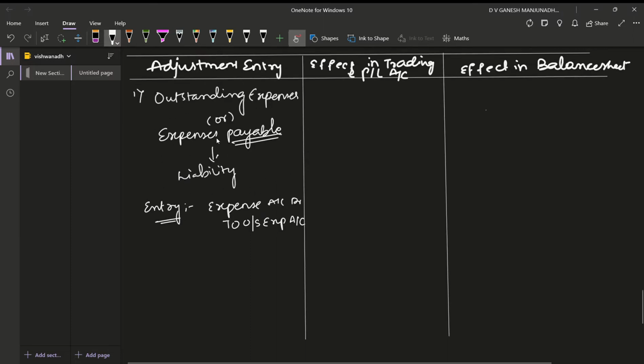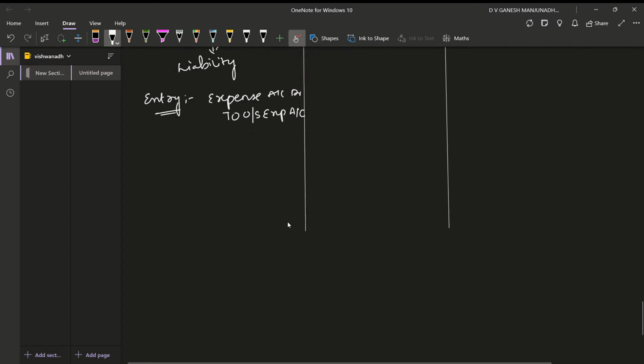That means these expenses are still payable, so we have to add them to the respective expense. That respective expense will be located under the income statement only, right? That is the trading and P&L account. I will be explaining this. Whenever it is there, we have to add.